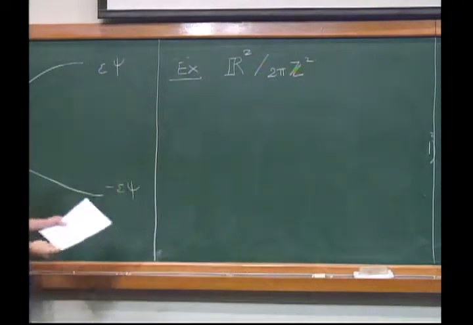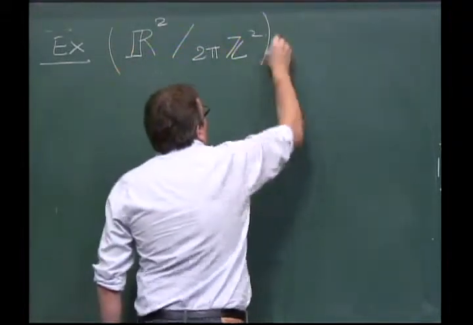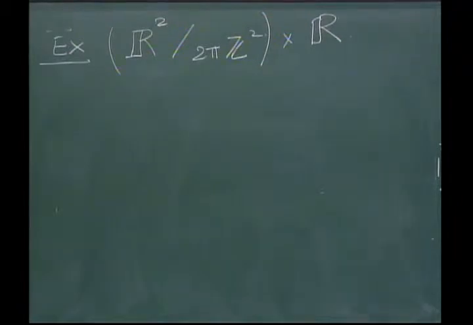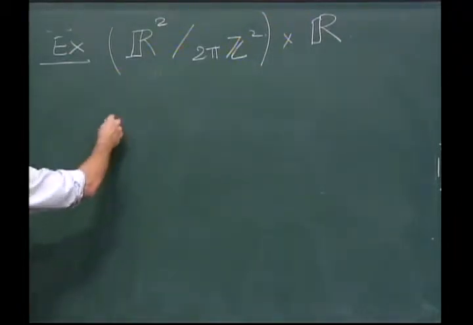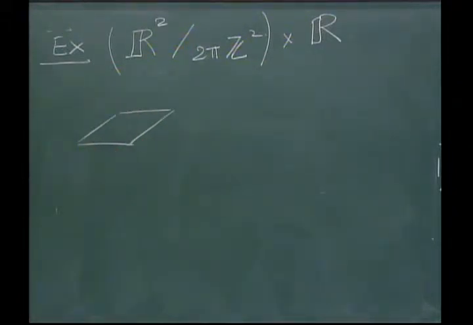Okay, so I take a lattice, so I take this cross R as my manifold. And here, it is clear that I have a minimal surface to start with, because I can take a surface at constant height, and this is minimal.